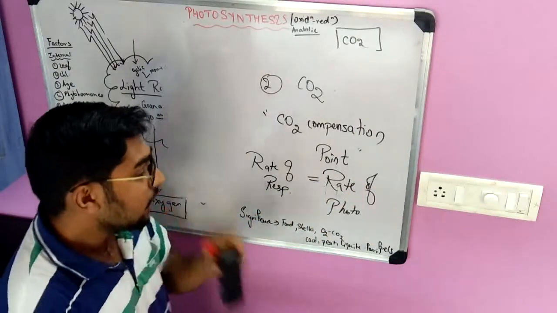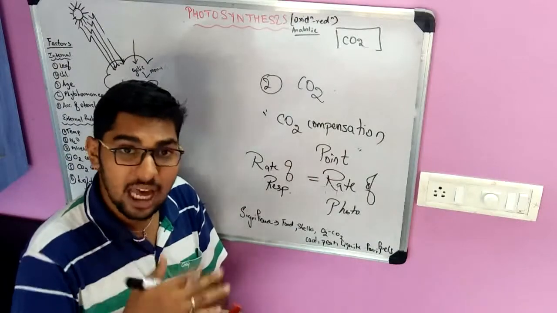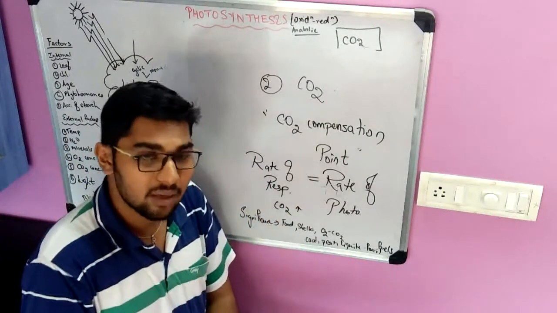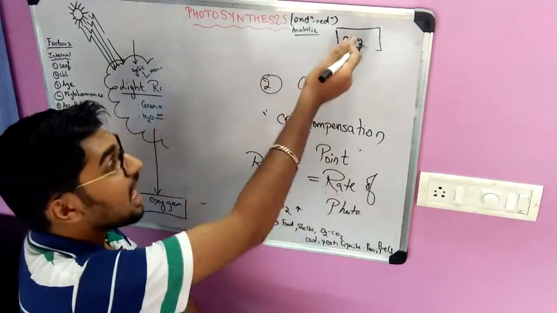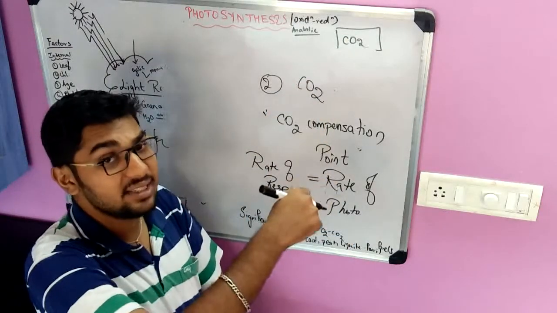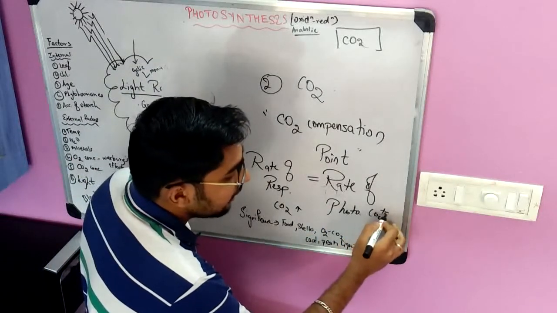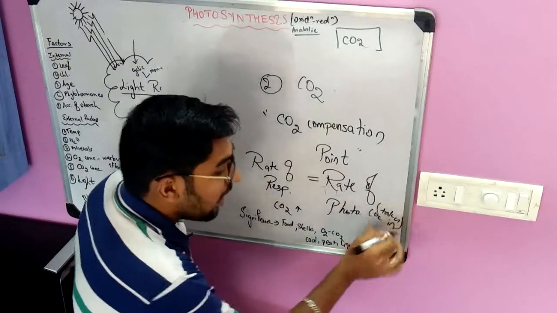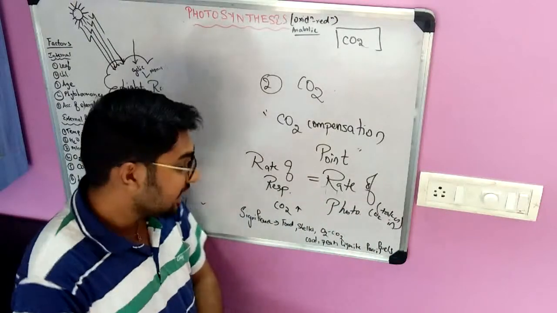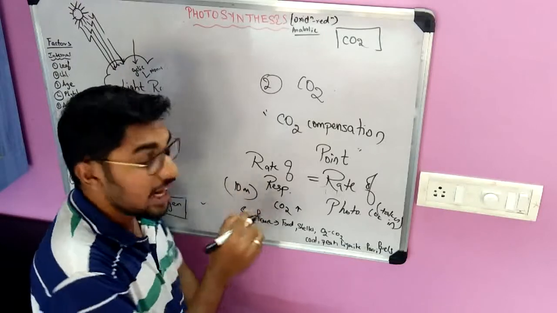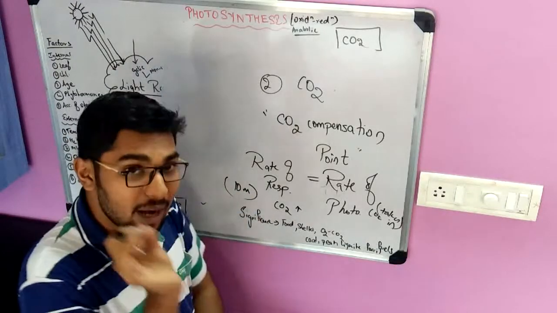I'll explain this. Whenever respiration occurs, carbon dioxide is given out. We all know that. Even we respire and give out carbon dioxide. In photosynthesis, carbon dioxide is taken in. In the dark cycle, carbon dioxide is fixed, so carbon dioxide is taken in. For example, during respiration, 10 molecules of carbon dioxide are given out by a plant.